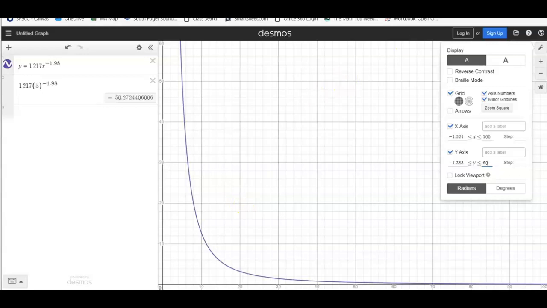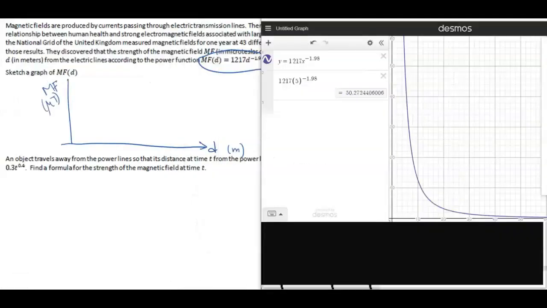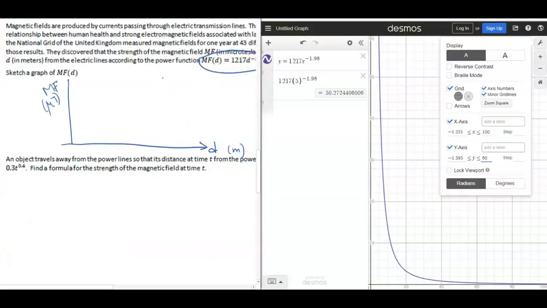And then we're going to want to reproduce this on our worksheet. It doesn't have to be absolutely perfect, but we should absolutely show that there's a vertical asymptote. That's the dashed line I talked about, and that's at x equals 0. And there's a horizontal asymptote at y equals 0.